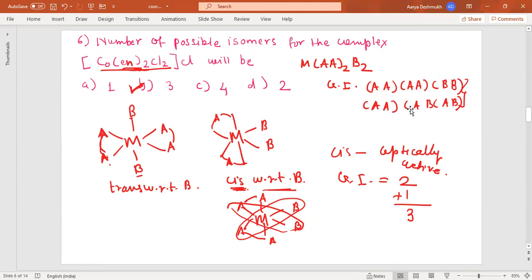These two are the optical isomers. So you can just remember M(AA)2 means AA is the bidentate ligand and two same unidentate ligands are there. In such a case, there are 2 plus 1, 3 stereoisomers. So when possible isomers are asked, it should be the addition of geometrical isomers and optical isomers both. Okay.